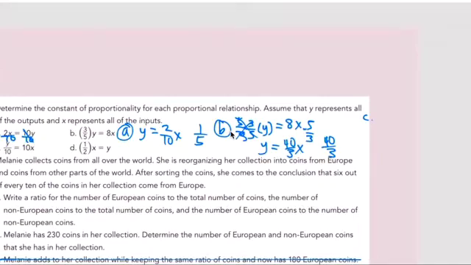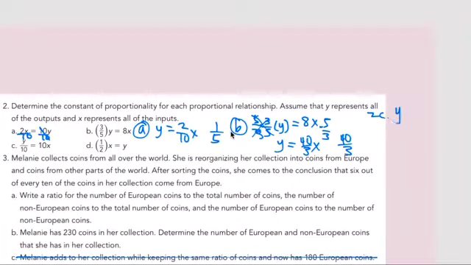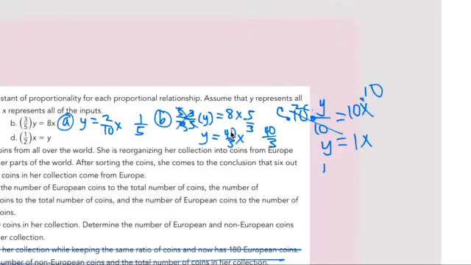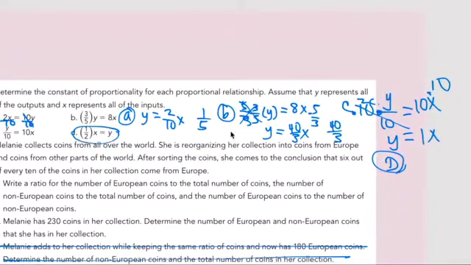For number 2, C: y over 10 equals 10x. So you solve for y, times 10, times 10. Y equals 1x. I hope people are watching this. And then D, you have y by itself already, so the constant rate of proportionality is 1/2, where for C the answer is 1.